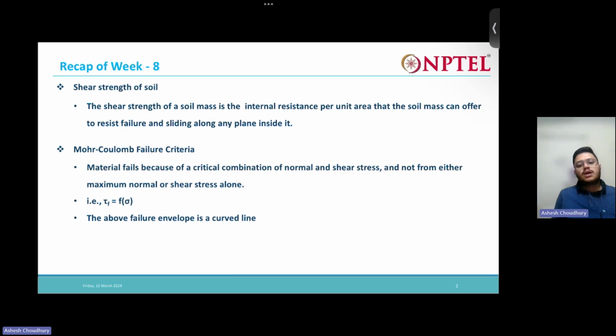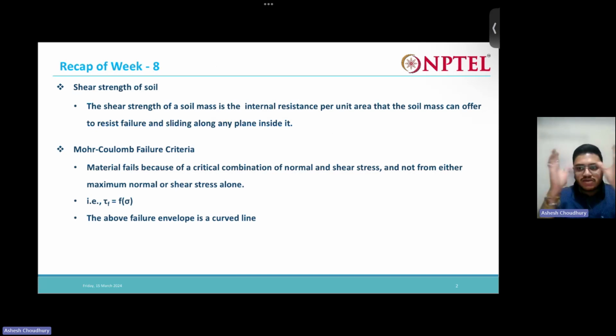Shear strength is the internal resistance per unit area, which means it is a stress quantity that the soil mass offers to resist failure.